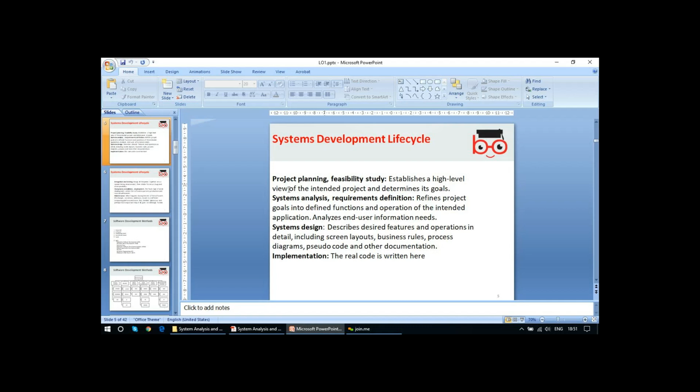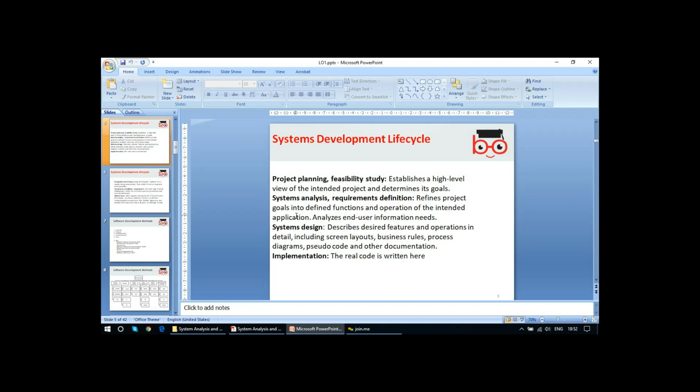So project planning and feasibility, I have already explained, so let me go through quickly. It's the high-level view of the intended project. As I explained, planning is written in normal language, then analysis refines the project requirements into goals, into defined functions and operations of the intended applications.